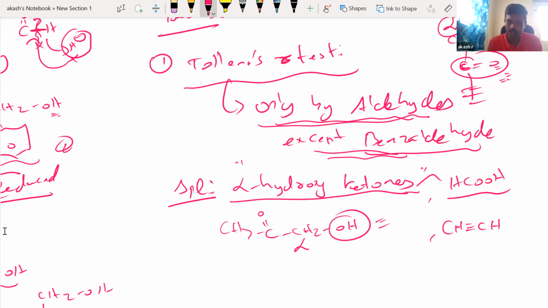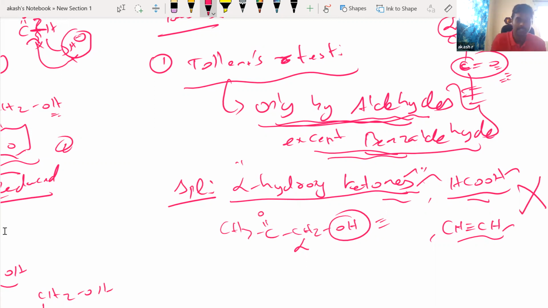Other than that, nothing can give. These are some of the non-common things, like alpha hydroxy ketones, formic acid, ethyne. But don't worry about these things now. You have to concentrate only on aldehydes.